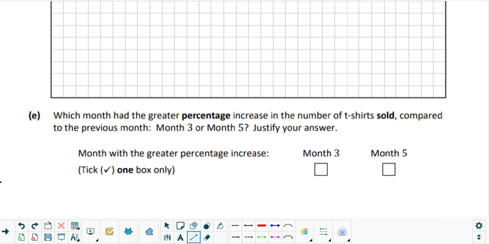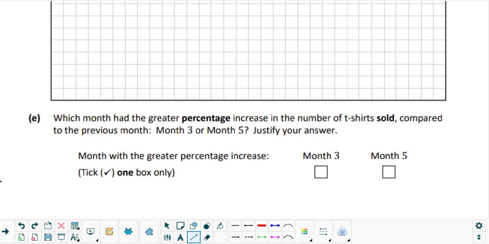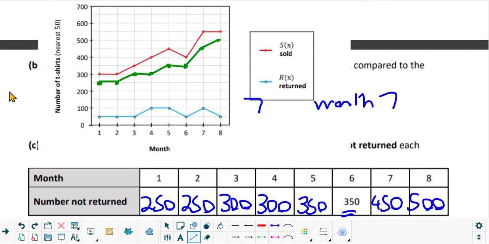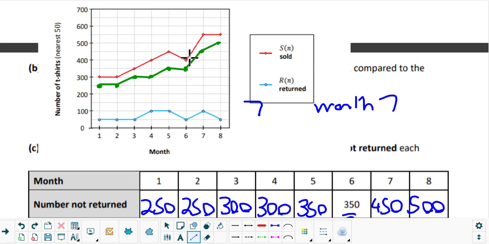Now done. Which month had the greatest percentage increase of numbers of t-shirts sold compared to the previous month? All right, so that's interesting. What are our contenders? Month 5 compared to month 3.